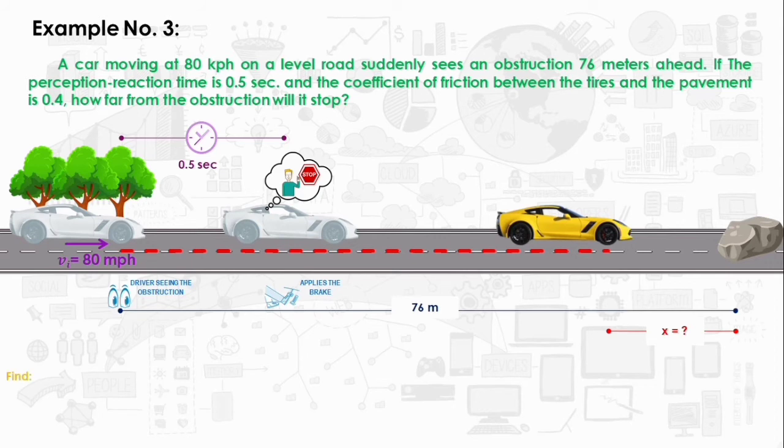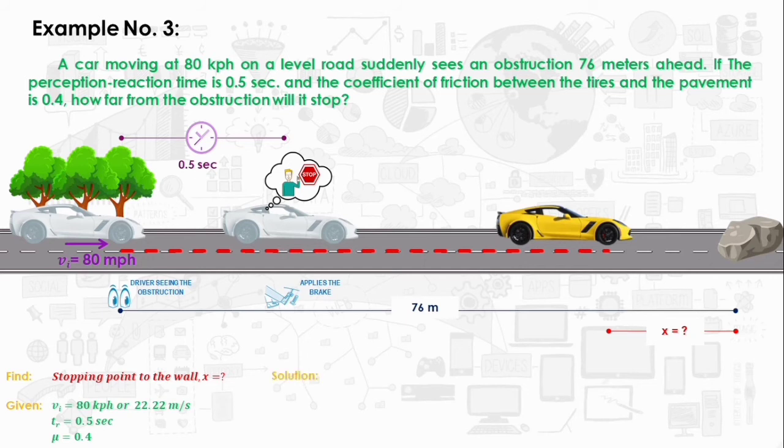In this problem, again, our goal is to determine the distance x from the stopping point of the car to the wall, given the initial velocity of 80 km per hour or 22.22 meters per second, total reaction time of 0.5 seconds, and the coefficient of friction of 0.4. It was stated also that the driver is traveling 76 meters from the obstruction ahead.